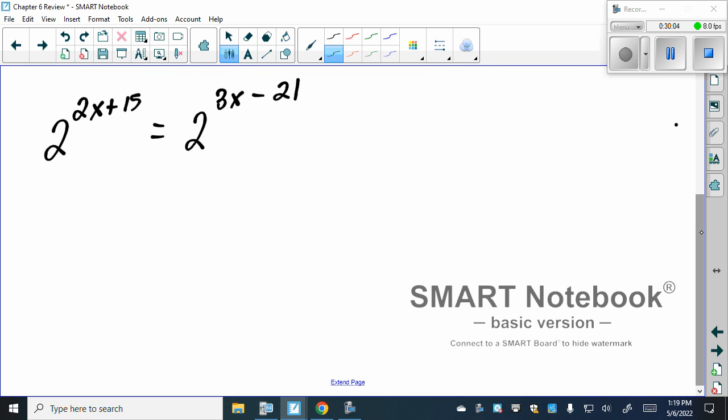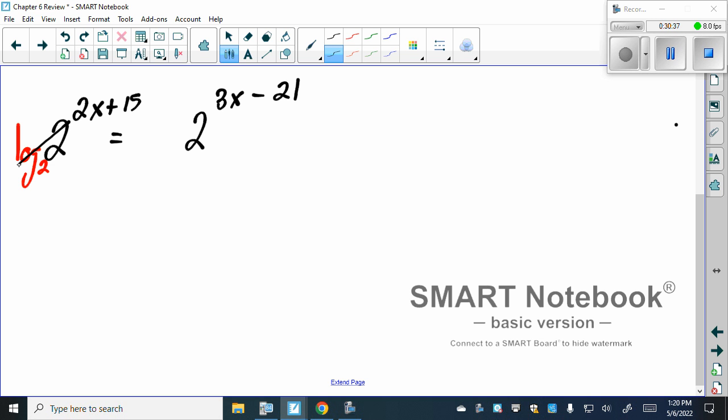Now, at this point, when we went over this, we said since the bases are the same, the exponents have to be the same as well, yes? And at this point, we hadn't done much with solving. Now, what I'm about to write, you don't have to write. What I'm about to write is going to make this make a lot more sense. Because when we get to more of the solving, we would do log base 2 to try to get the exponents to simplify away. What's log base 2 of 2 to the 2x plus 15?